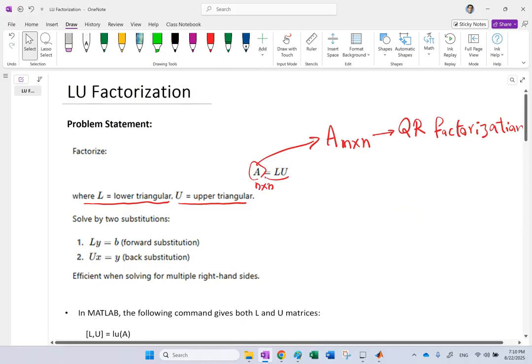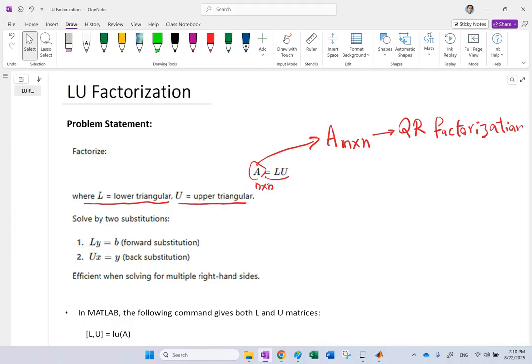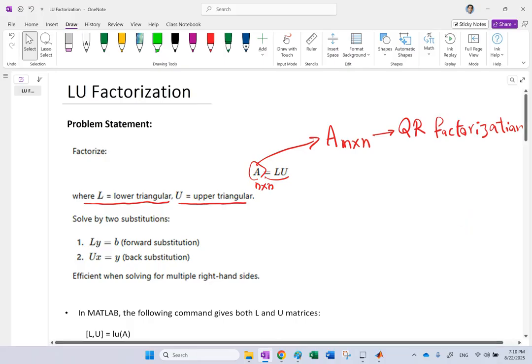Now, you might say, why should I do that? What's the point? Why should I write a matrix like the product of a lower and an upper triangular matrix? One of the main applications is to solve a linear set of equations.